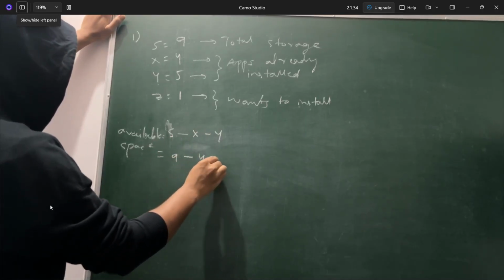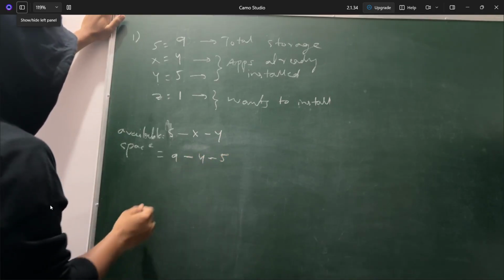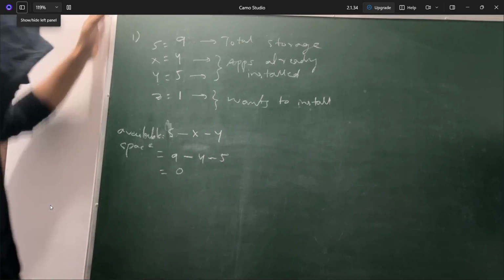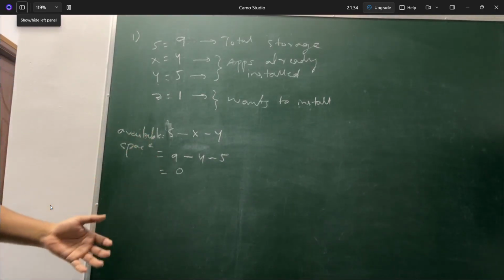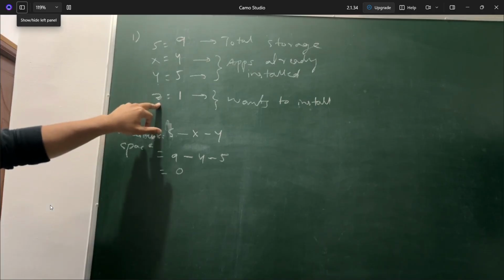X is 4 and Y is 5. So this is 0. On his phone he doesn't have any space right now, and he wants to install an app whose size is 1 MB.